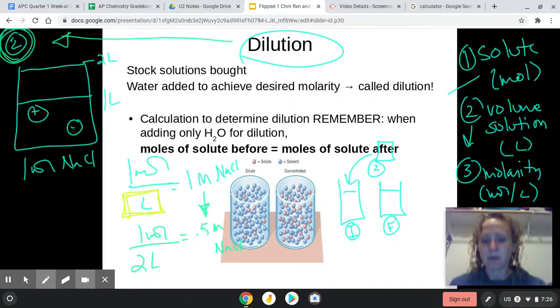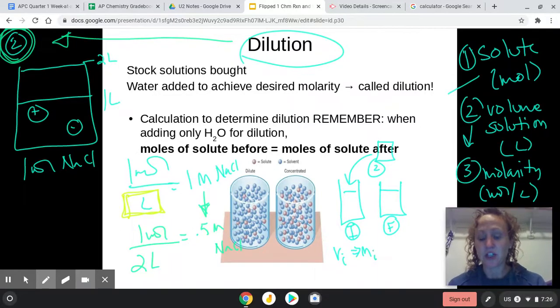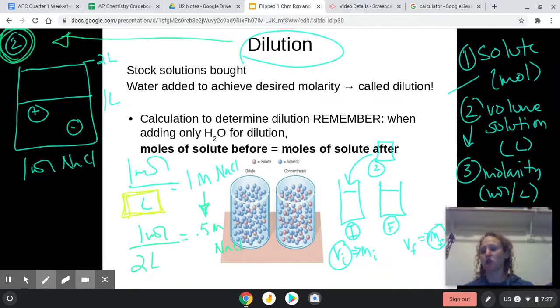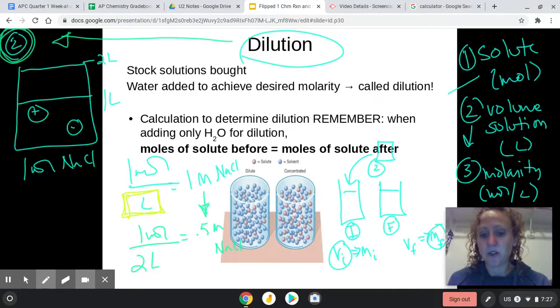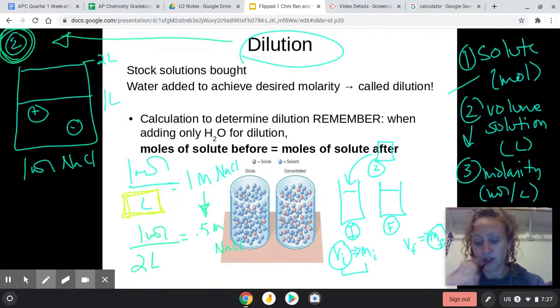If you're talking about the volume of your initial solution, that's going to correspond with the molarity of your initial solution. If you have the volume of your final solution, it's going to correspond with the molarity of your final solution, and you can't necessarily mix them. If you multiply the volume of your initial solution by the molarity of your final solution, you don't get anything meaningful, right? Whereas if you do volume times molarity of your initial, you're going to get moles of your initial.